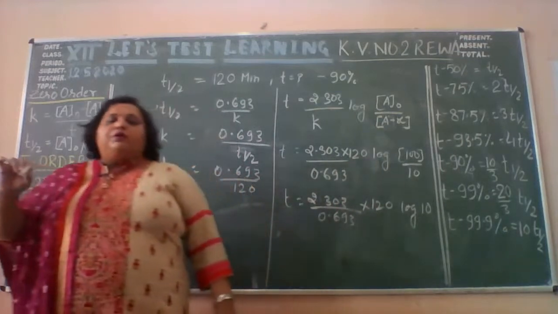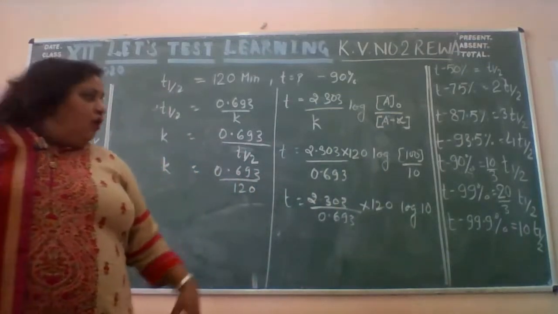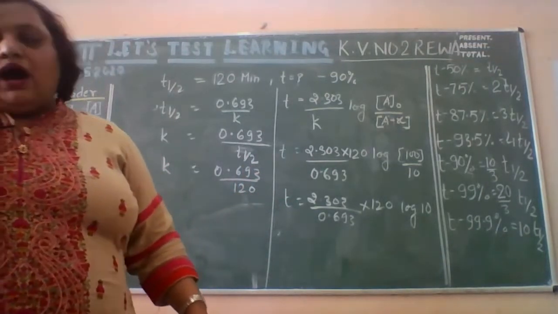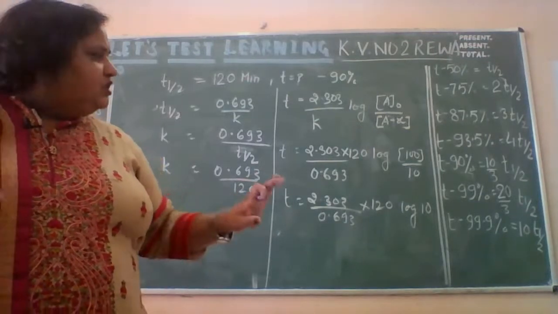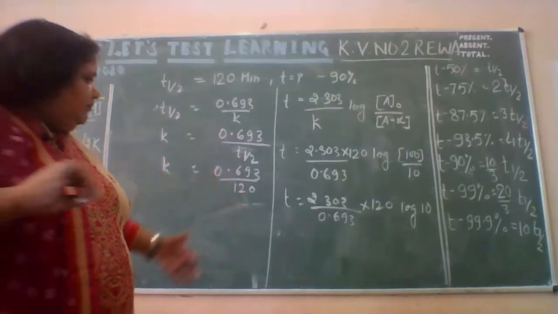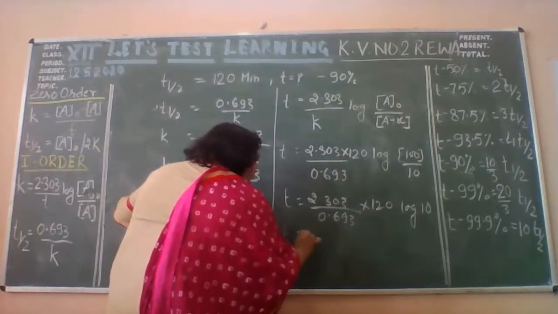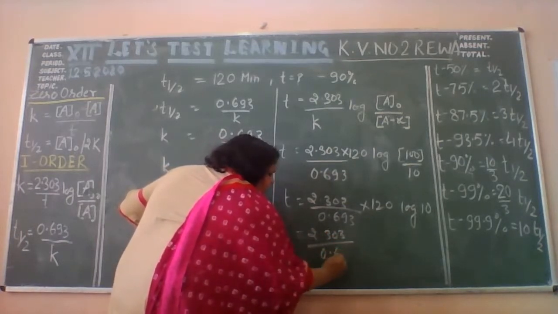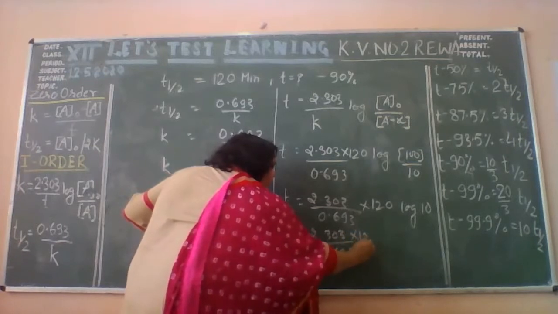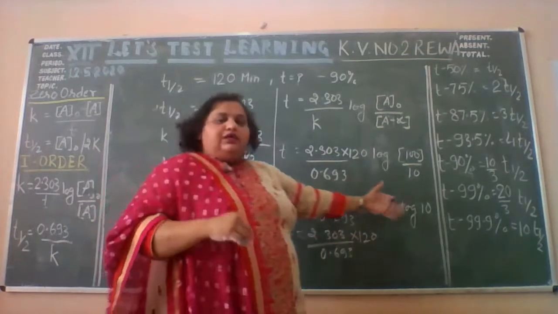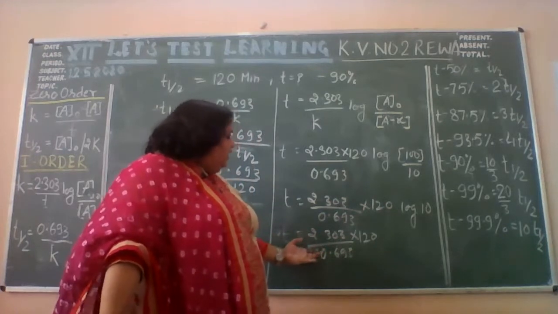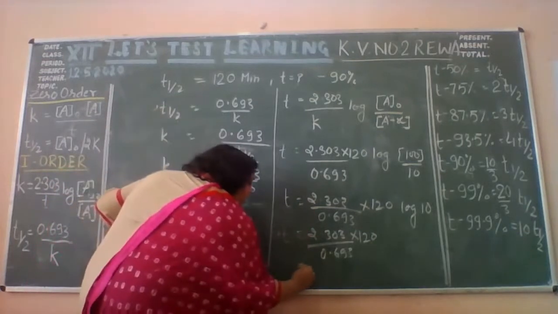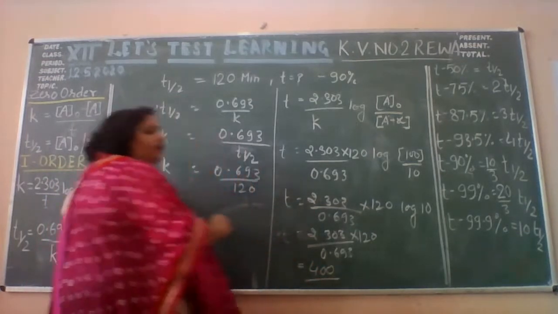You need not recite or mug up values of log. It's always given in the question. Whatever the values of logs are there, always it is given in the question. So here T is equal to 2.303 into 120 upon 0.693, log 10 is equal to 1. From here, you will see the value will come again 400. If you divide, the answer is going to be 400.